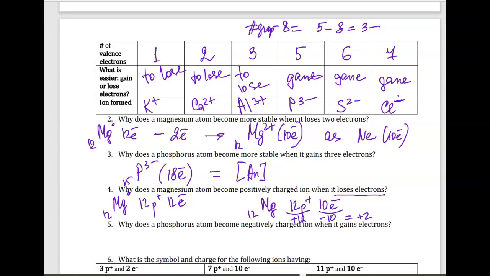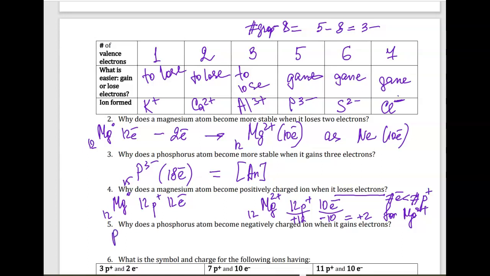That's why it's cation with 2 positive charge. What is the answer? Why does it become positively charged? Because the amount of electrons is less than the amount of protons for magnesium cation, okay?